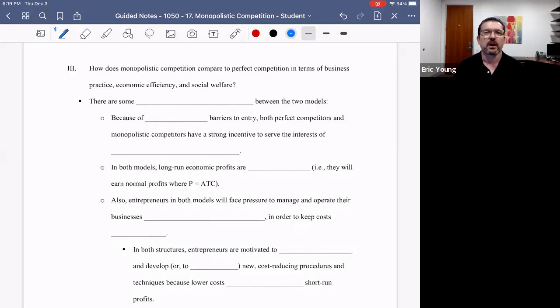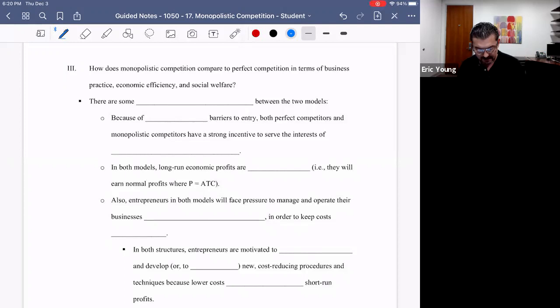In our last video, we dissected the profit maximization decisions in an MC firm, right? We know the steps: MR equals MC rule to find Q, take it up to the demand curve to find price, find the ATC curve, compare. You may have profits, you may have losses, and then we took it the next step further to analyze the short run to long run dynamic.